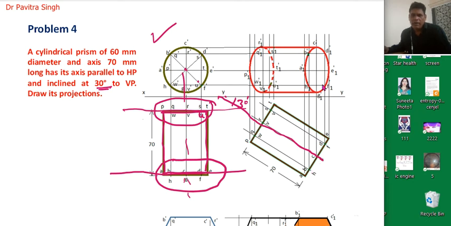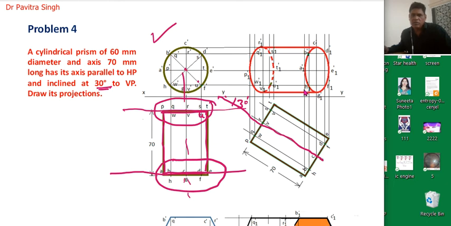Okay, and now we will draw horizontal lines from point A dash, B dash, C dash, D dash, E dash, F dash, G dash, H dash.